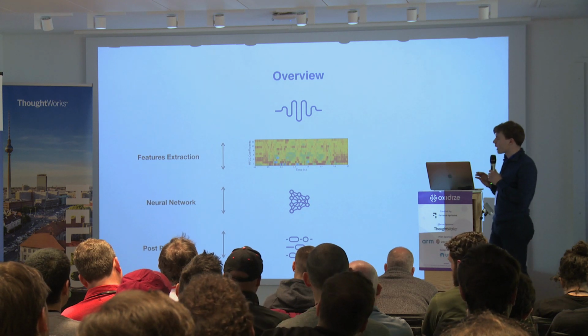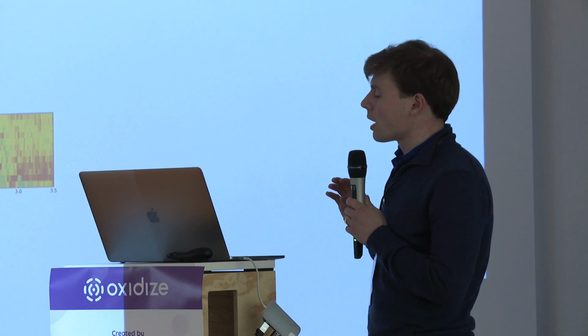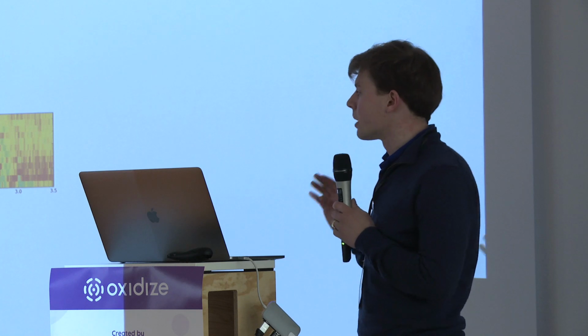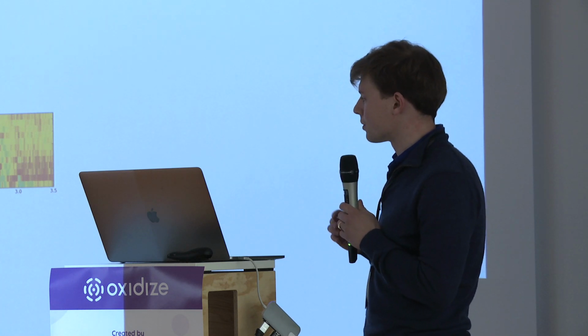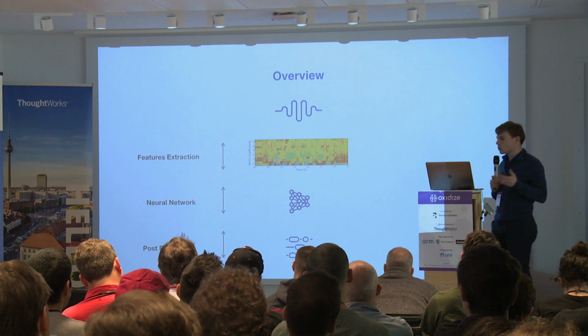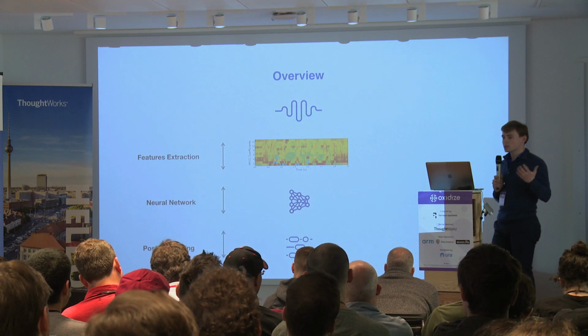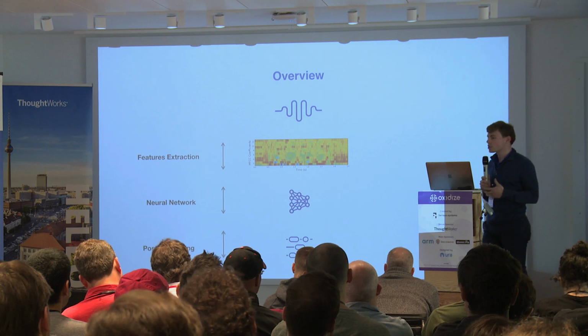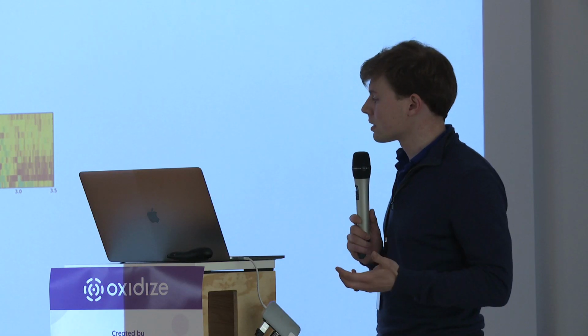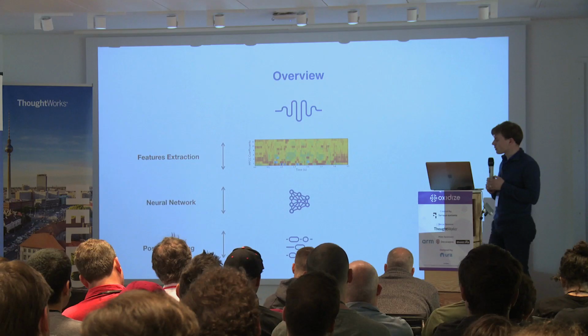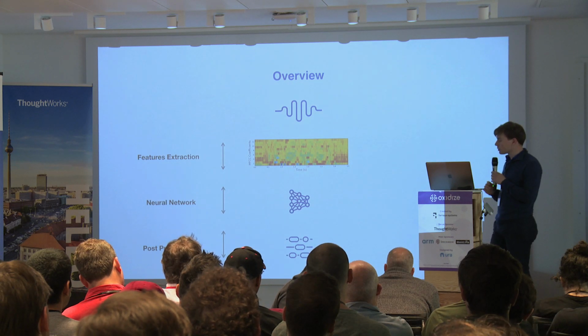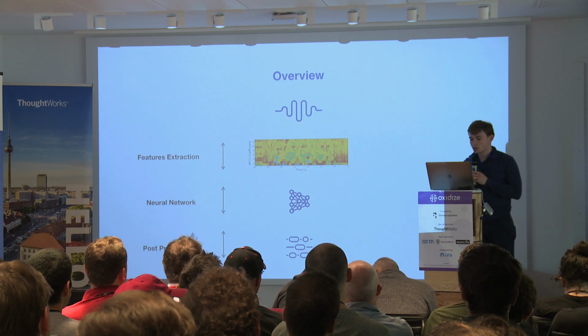There are different ways to do it: you have the MFCC features, the MEL features. I will go back to that later. Then you have a neural network that takes the features and outputs an intermediate decision, which will be shaped by the postprocessor that builds the final detection that we want to recognize.